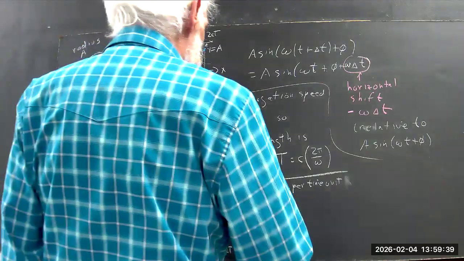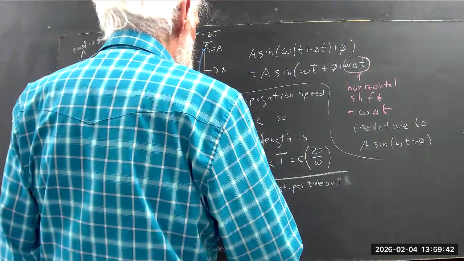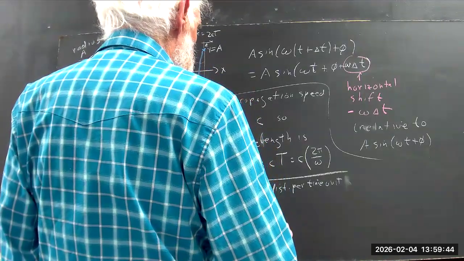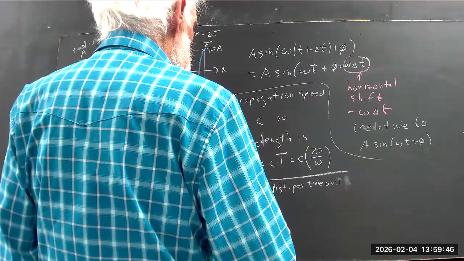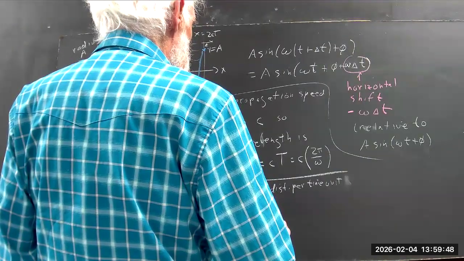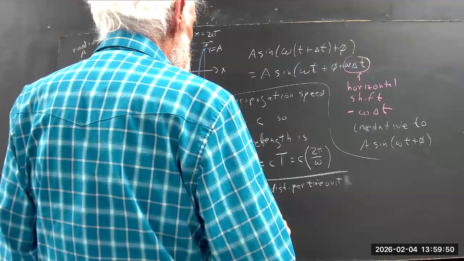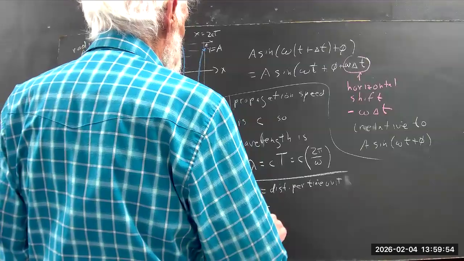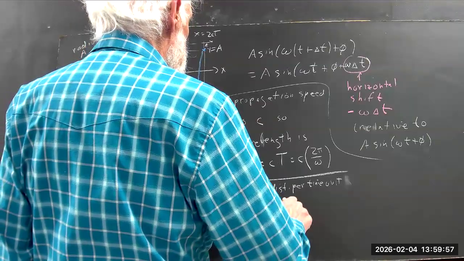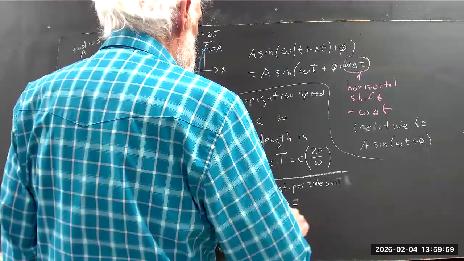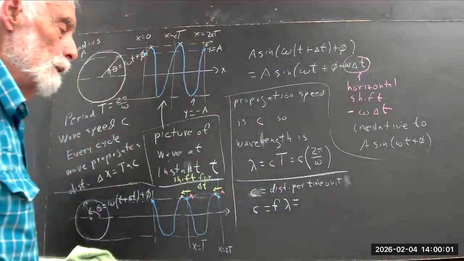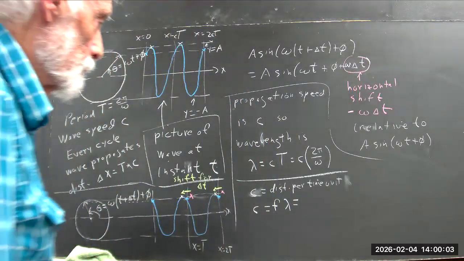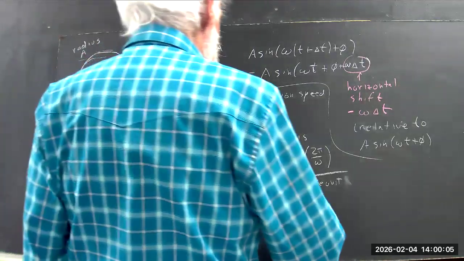These variables have specific meanings in the context of my problem, right? Like time in minutes and speed in miles per hour and number of items and profit. I'm going to write out what c equals. It's frequency times wavelength, which is distance per cycle times cycles per time unit.